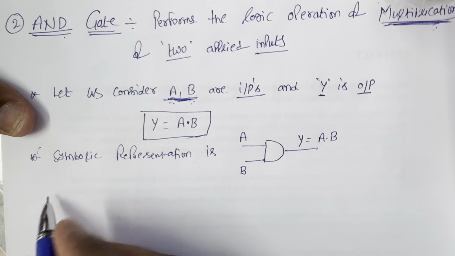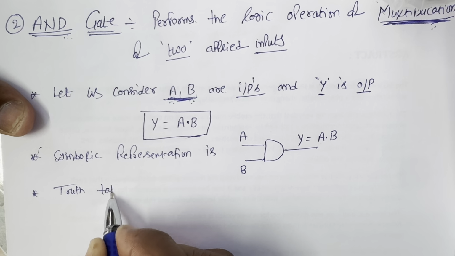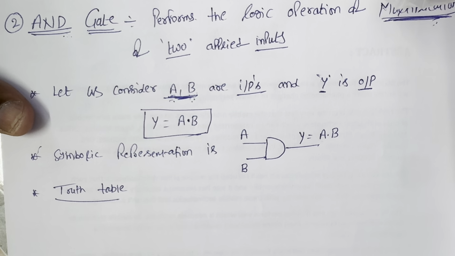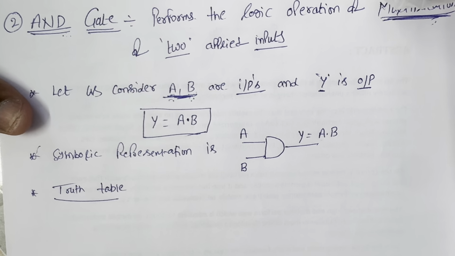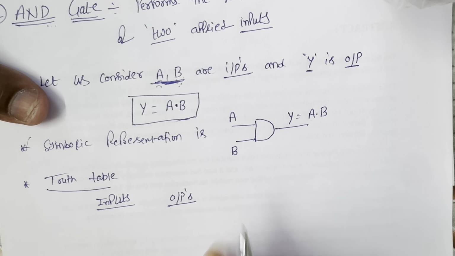While coming to the truth table, we have already discussed that this gate performs multiplication of two inputs. First I am writing inputs and then outputs.